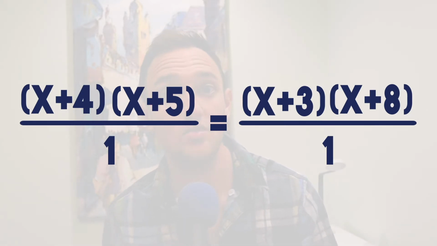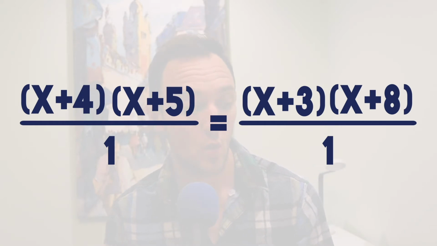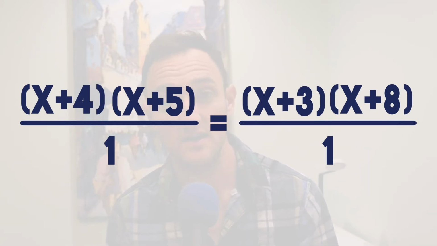And we can do the same thing with x plus 5. We can move that along the diagonal, and it gets to go up here and live with x plus 4. Now that we have moved these along the diagonals, we have only the number 1 left in the place of these factors, or these pods.